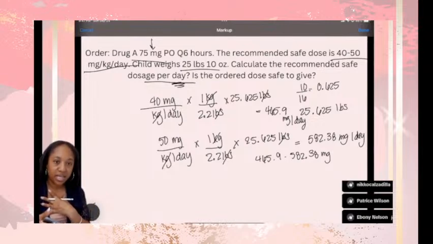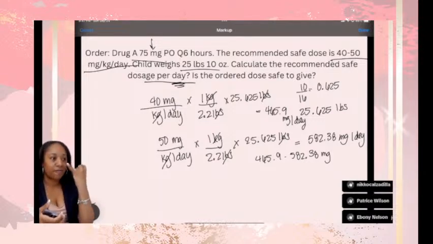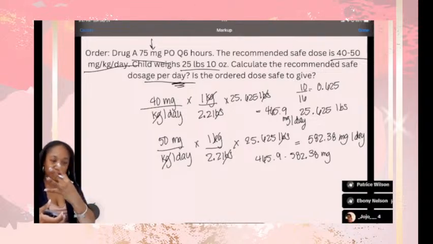So how many times a day will this be administered if it's every 6 hours? There are 24 hours in a day. We're giving this every 6 hours. So that means there are 4 doses in a day. Okay? You're right, Miss JoJo. 4 doses in a day.